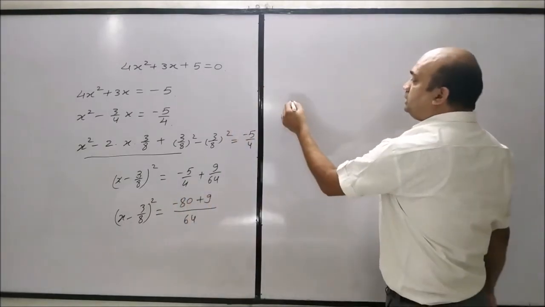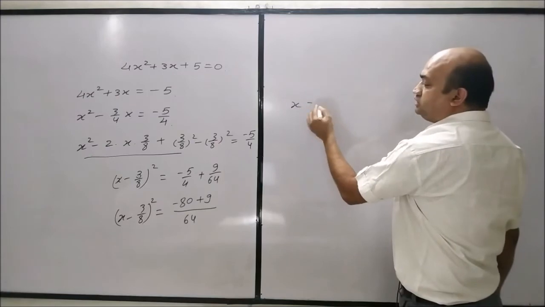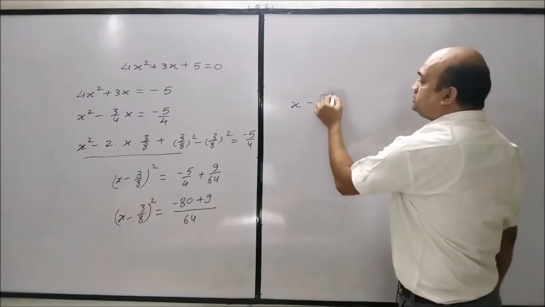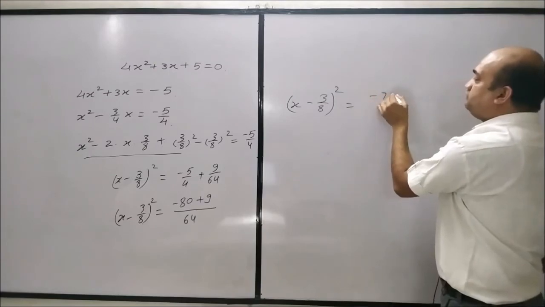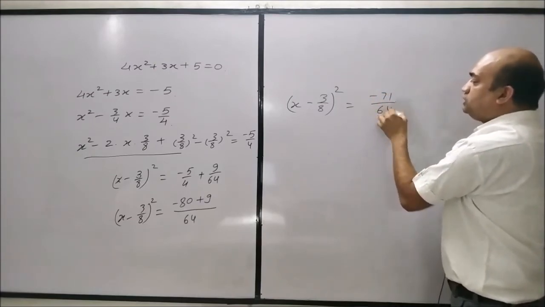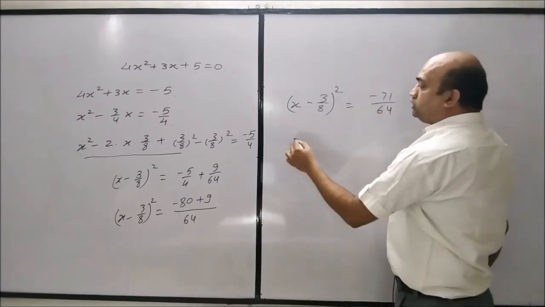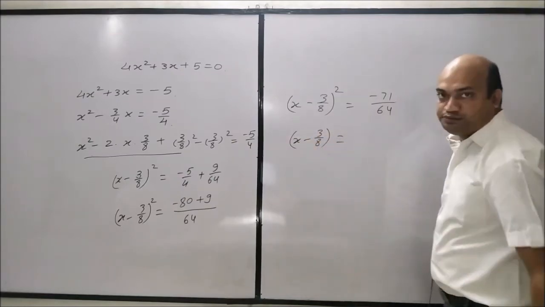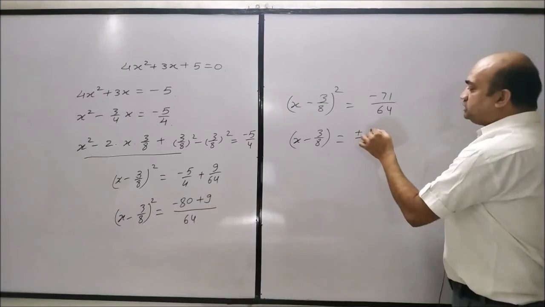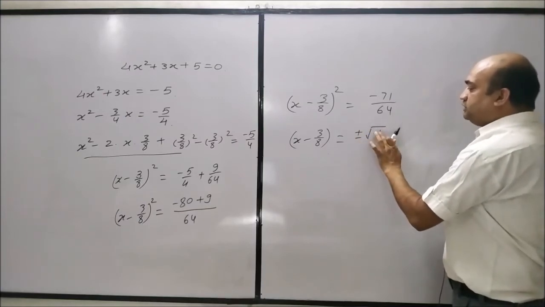That will be (x plus 3/8) whole square is equal to minus 71/64, or x plus 3/8 is equal to plus minus under root minus 71 by 8.